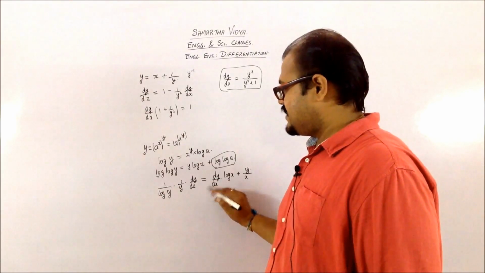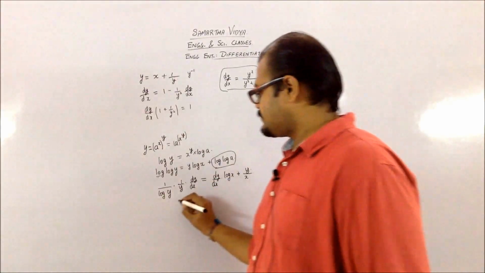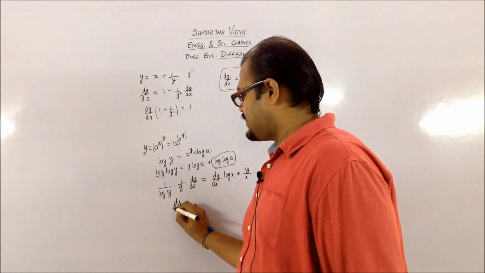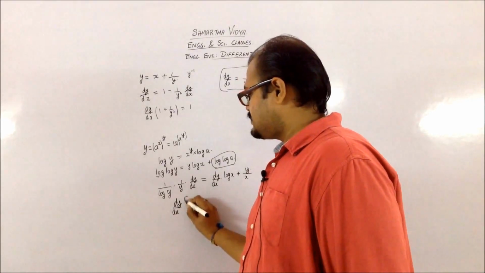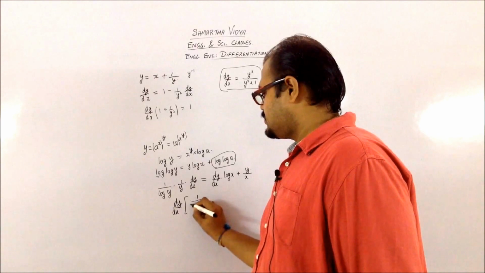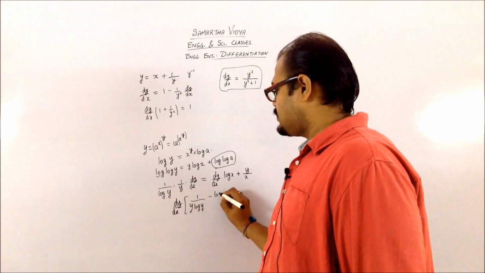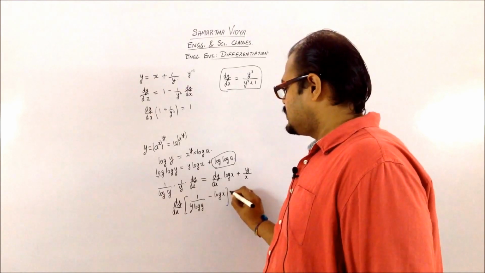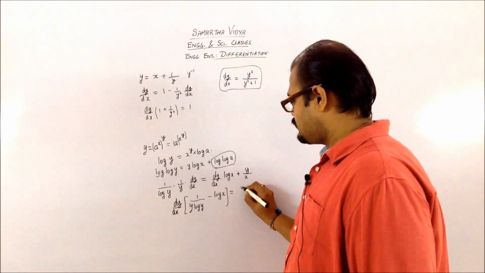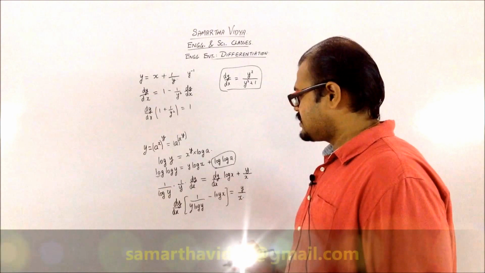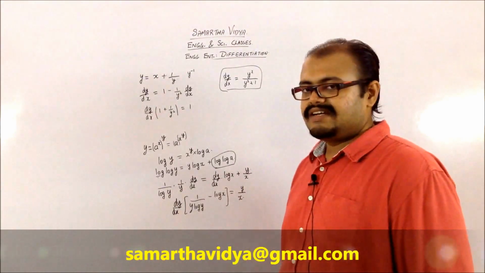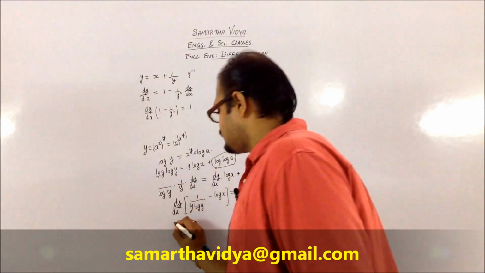Now taking the dy by dx terms together, you will have dy by dx into (1 upon y log y minus log x) equal to y by x. From this you calculate dy by dx.